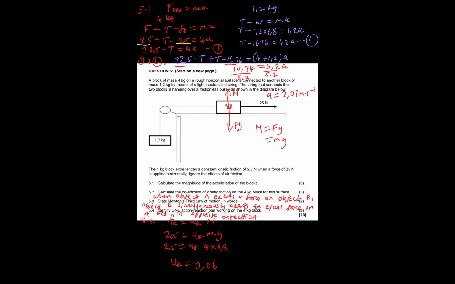Like here, if you are asked to identify the action reaction on the 4 kg block, the action reaction is F by table on block and F by block on table.